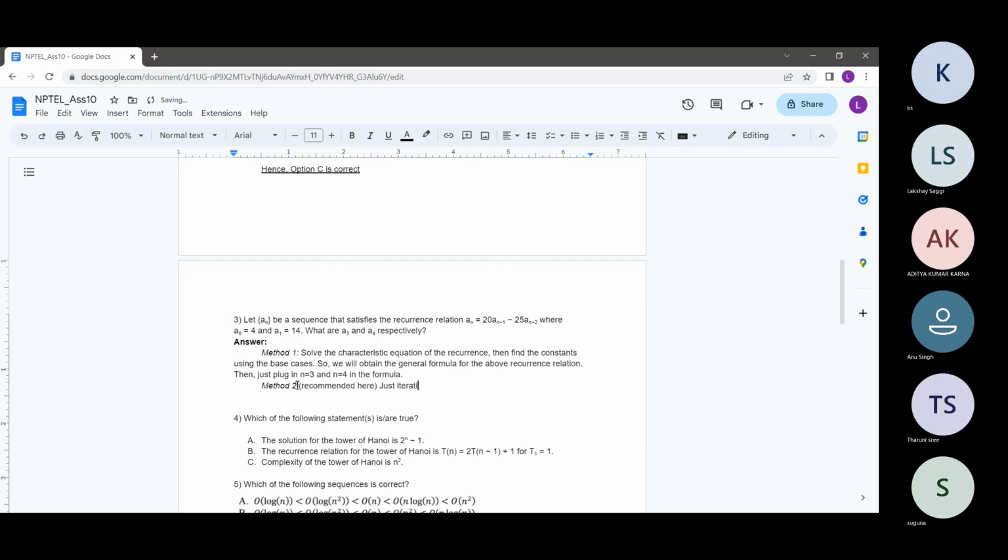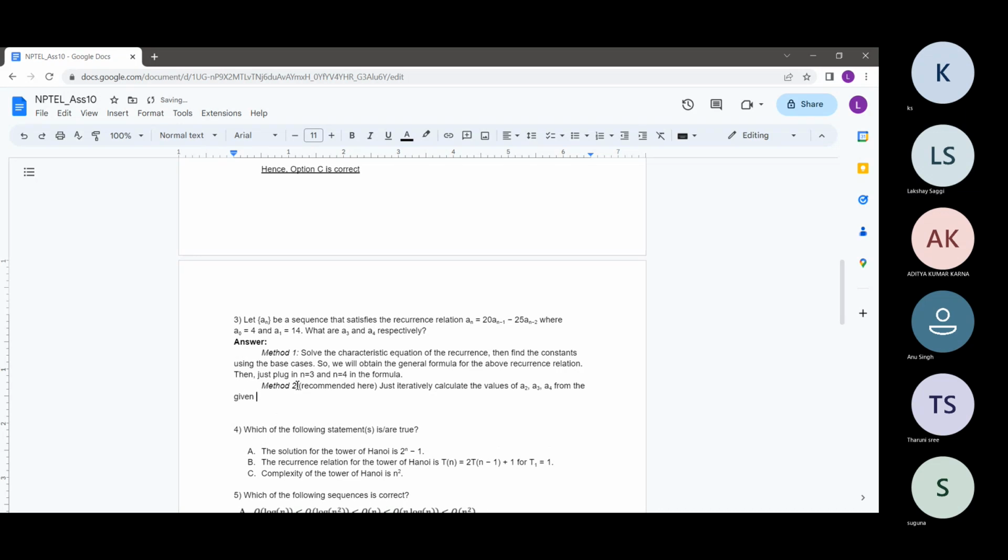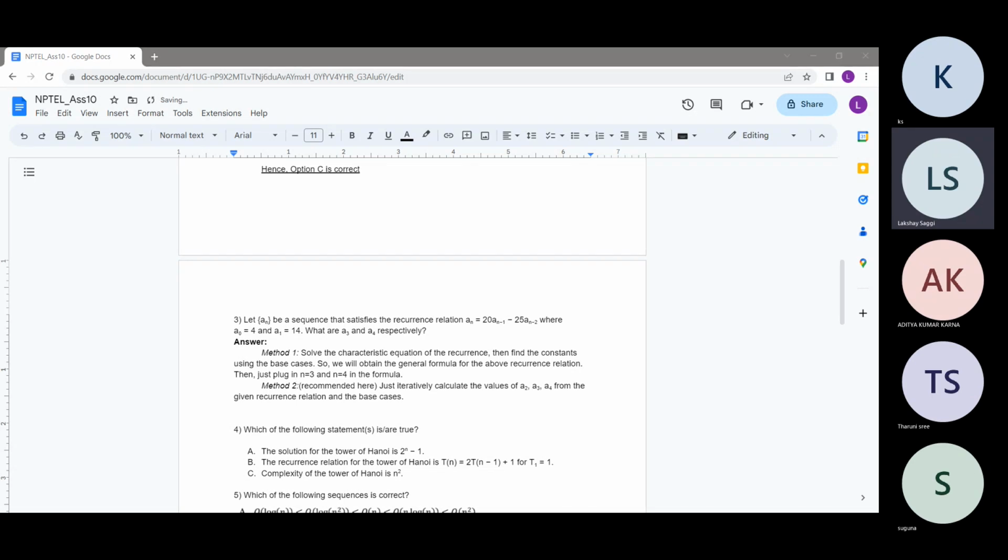Just iteratively calculate the value of A2, comma, A3, comma, A4 from the given recurrence relation and the base cases.